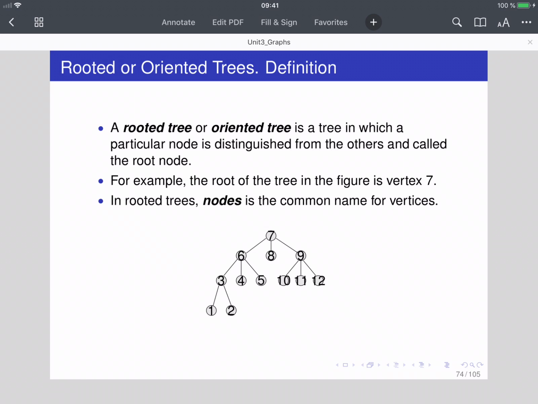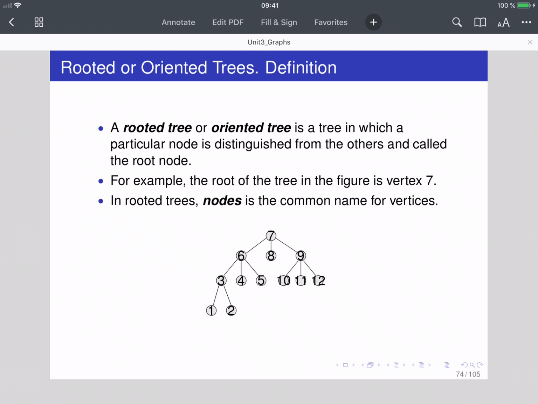In general, a tree is a graph which is connected and has no cycles. But in some situations, we want to study trees which have a special element. In a normal tree, all the elements are the same. But in some trees, there are elements which are important for some reasons.